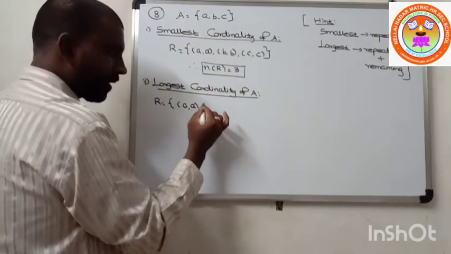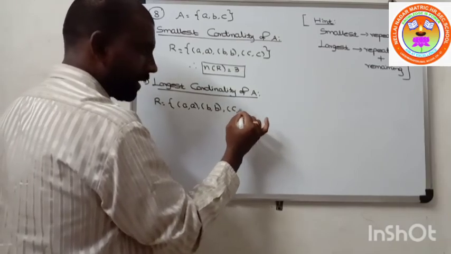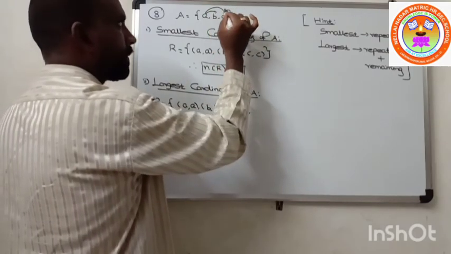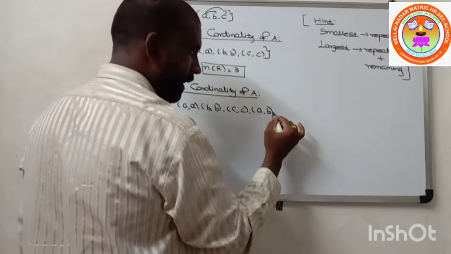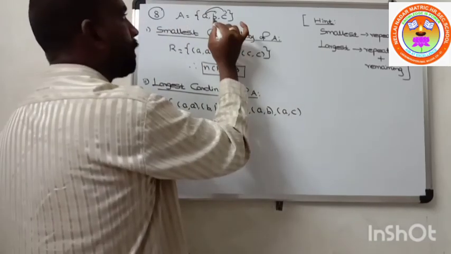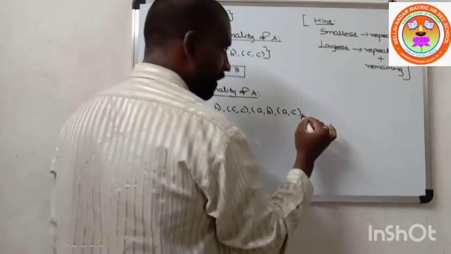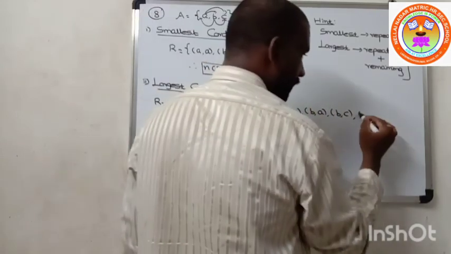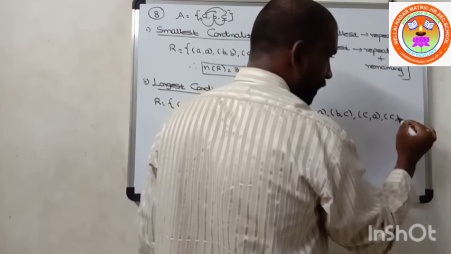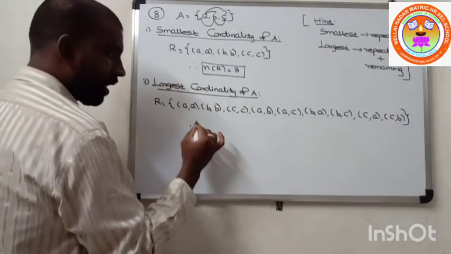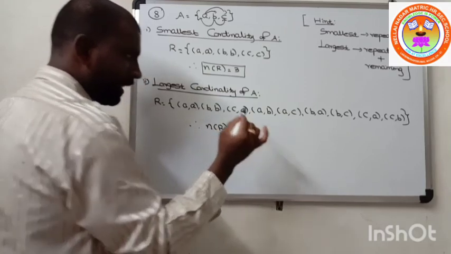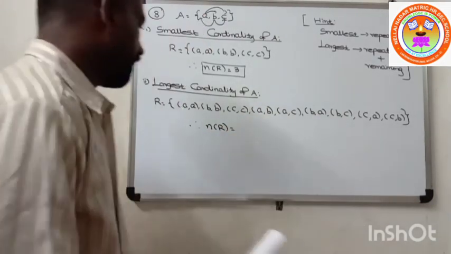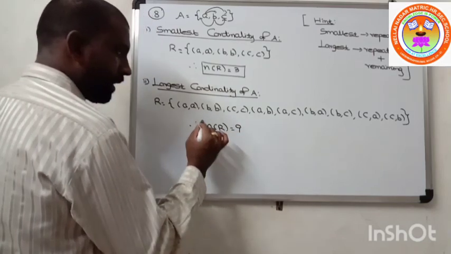A A, B B, C C, plus remaining: A B, A C, B A, B C, C A, C B. Therefore cardinality, number of elements in the set, 1, 2, 3, 4, 5, 6, 7, 8, 9. Therefore cardinality equal to 9.